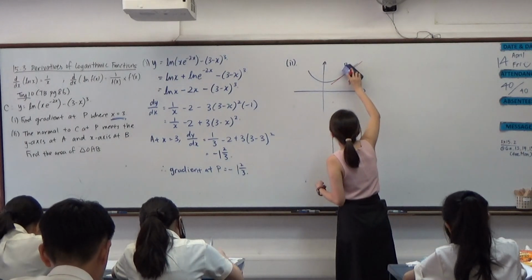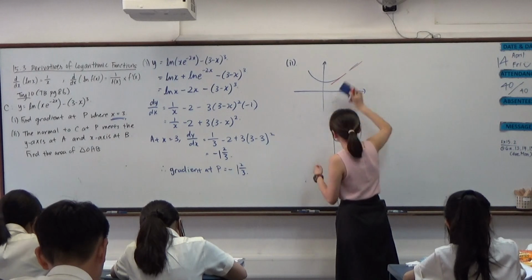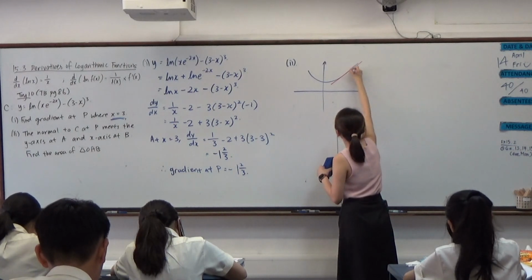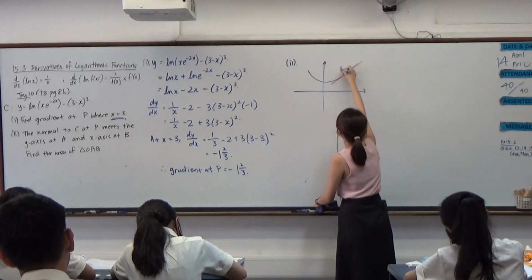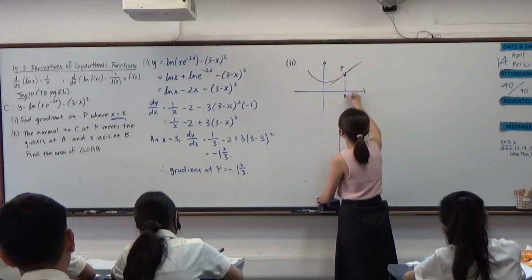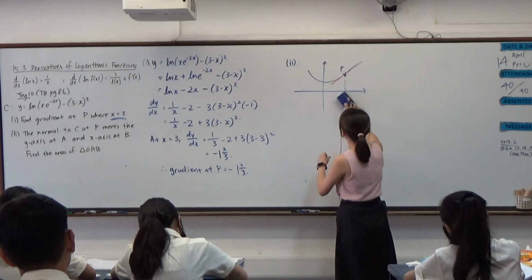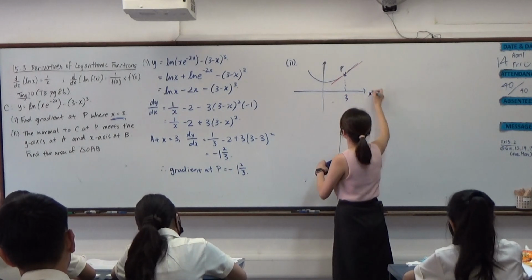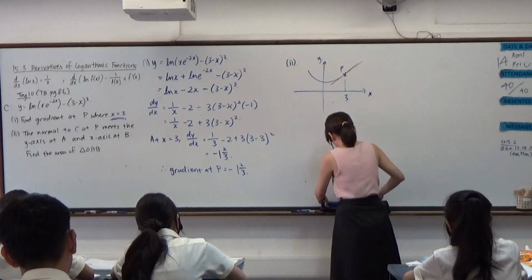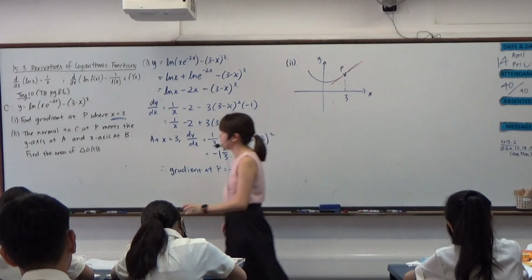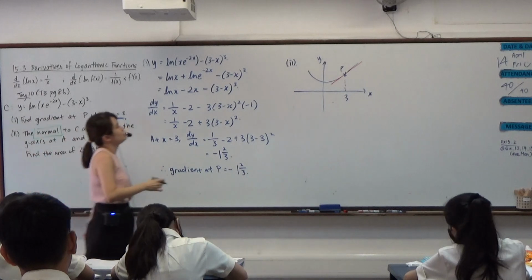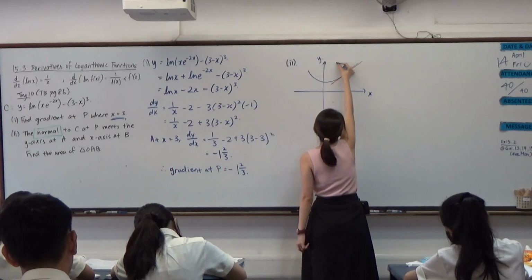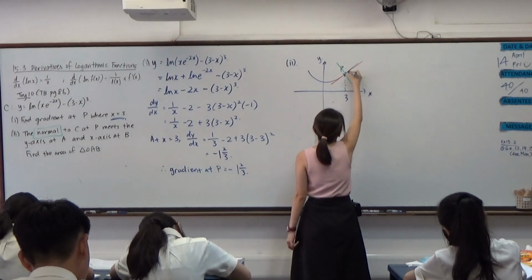Maybe my tangent is not well drawn. So this is P, x equals 3. But we're not talking about the tangent, we're talking about the normal. The normal will be perpendicular to the tangent.